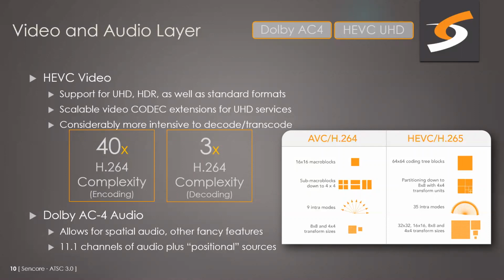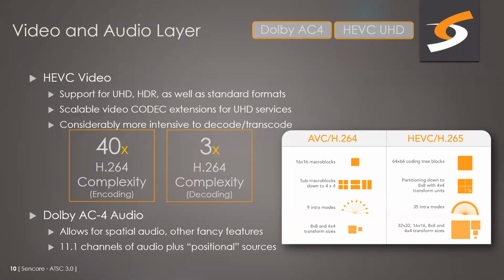But in going down that path with HEVC, there's certainly a lot of added complexity for encoders, decoders, and you can see some of the highlights there. Encoding HEVC as compared to H.264 is 40 times the complexity, decoding is 3 times, and that's just a comparison to H.264, not even MPEG-2, which is actually the ATSC 1.0 standard.